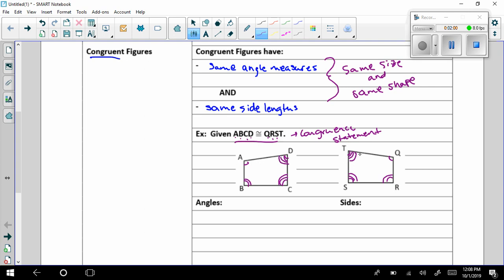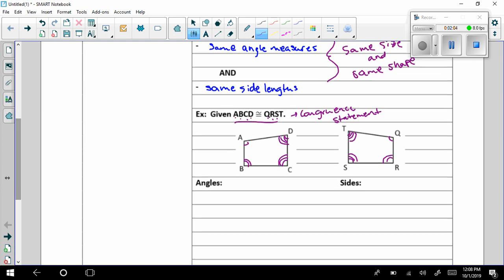Not because T and Q can't be congruent, but we weren't told they were congruent, and so we always assume they're different. And so you can match those up like that, and then you can write congruent statements for both your angles and your sides.